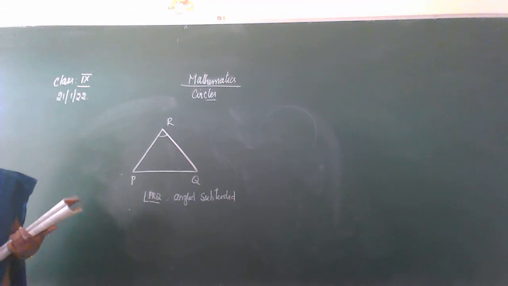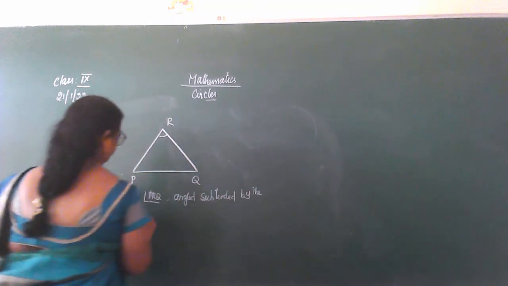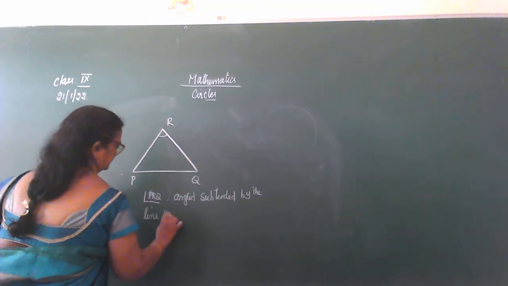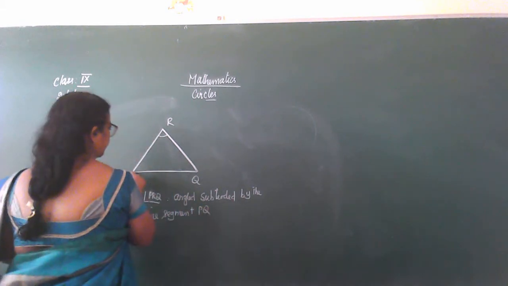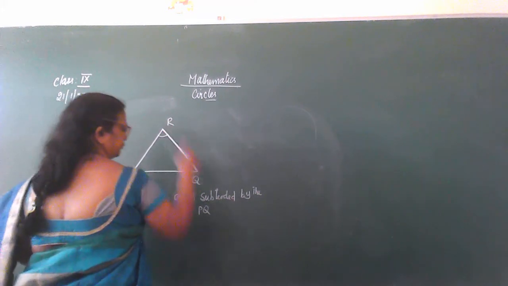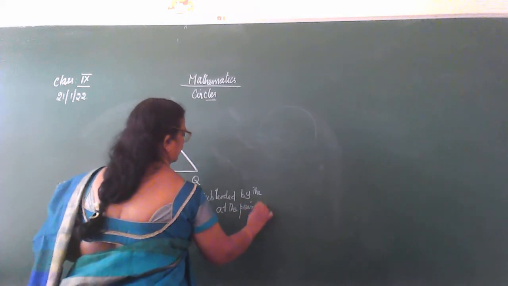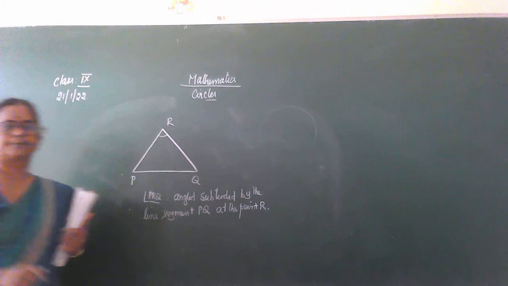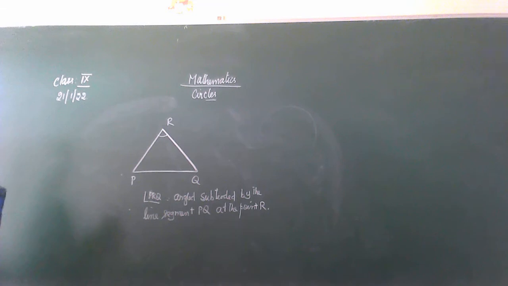Angle subtended by the line segment PQ at the point R. Angle subtended by the line segment PQ at the point R. Okay. So, we have angle POQ and PRQ and PSQ.